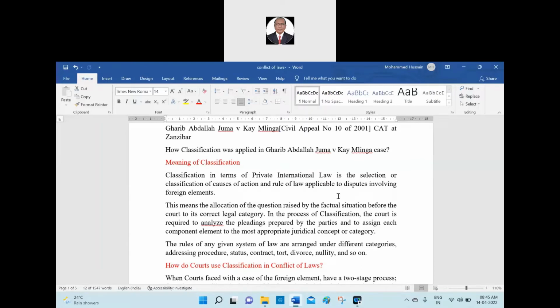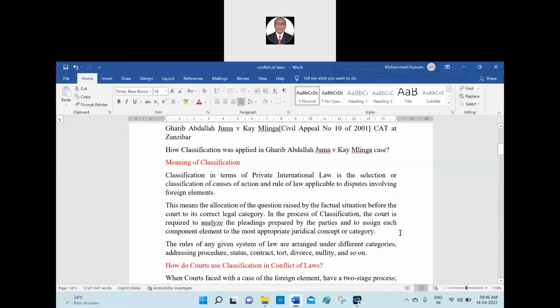This means the allocation of the question raised by the factual situation before the court to the correct legal category. In the process of classification, the court is required to analyze the pleadings prepared by the parties and to assign each component element to the most appropriate juridical concept or category.